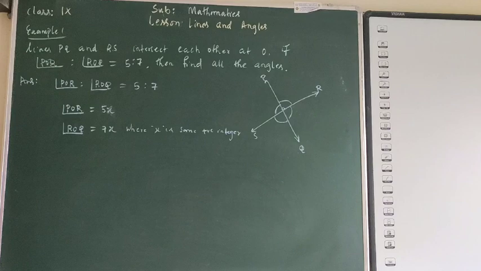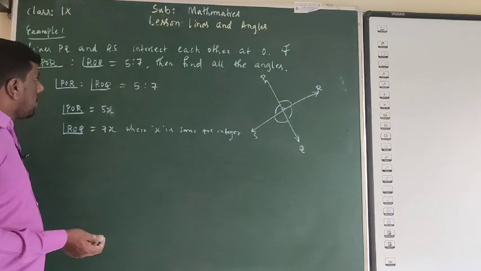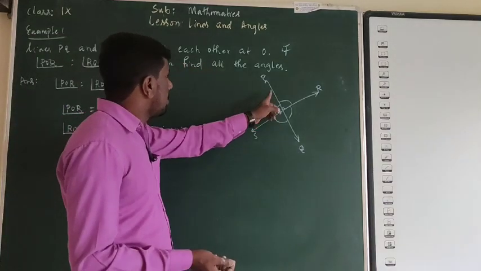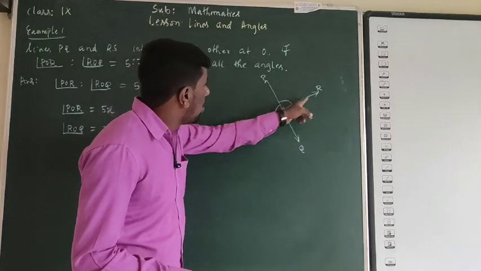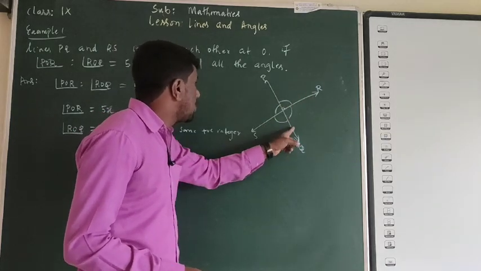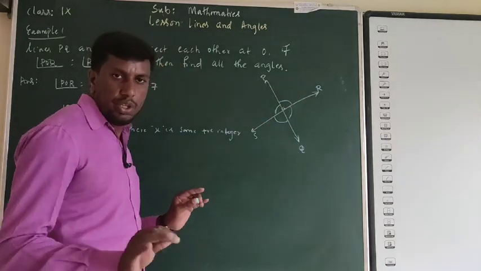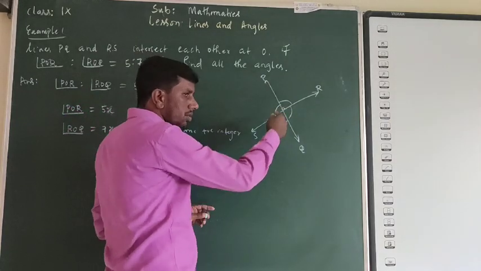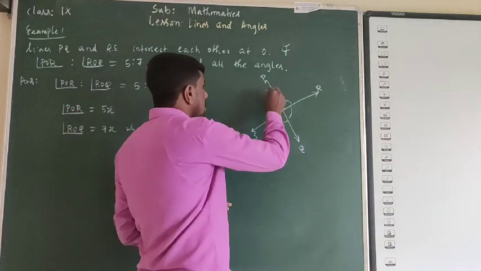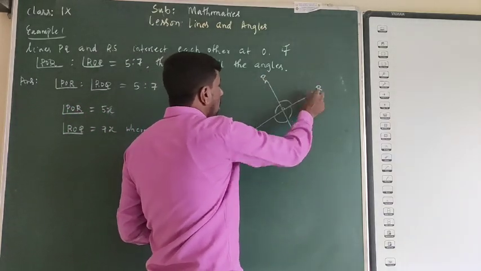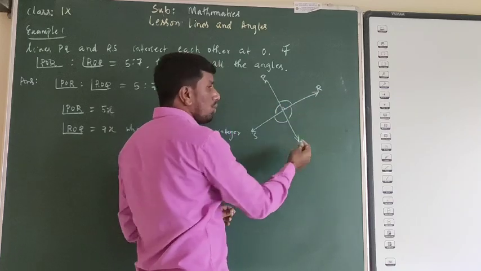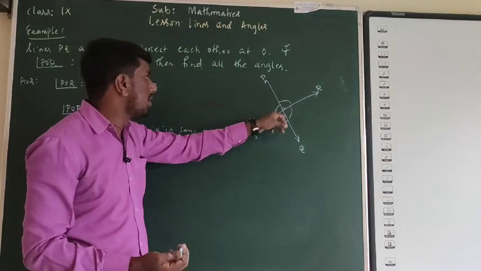Okay. Now, according to the linear pair of angles, we should find all the angles: POS, POR, ROQ, then SOQ. Is it necessary to find all the angles? No, not necessarily. If you find out POR, I can say that POR and SOQ are equal because vertically opposite angles are equal.